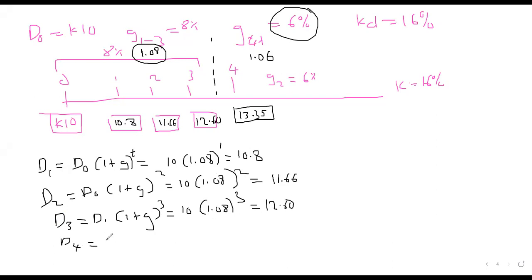Now for year 4, D4. What is happening here is that we can't use D0, because we can't start from here. This is a new phase. So you start from D3: D3 times (1 plus growth) to the power what? The time is 1. So the previous answer is going to be important here, 12.60. Then instead of 0.08, now the phase has changed to 6%, so 1.06 to the power 1.